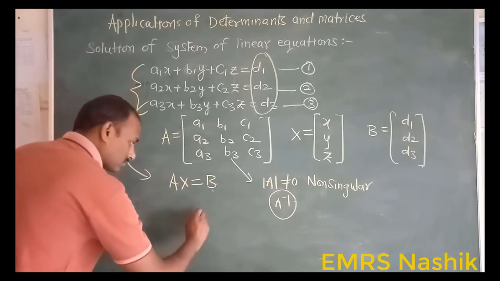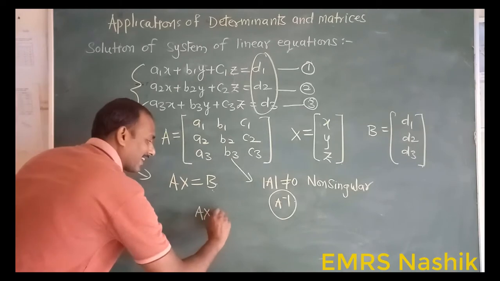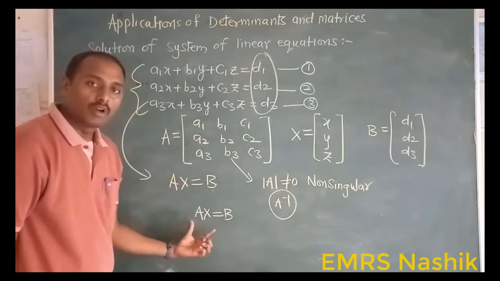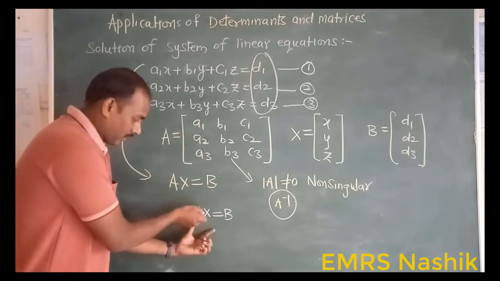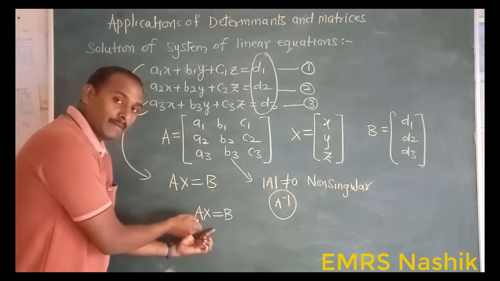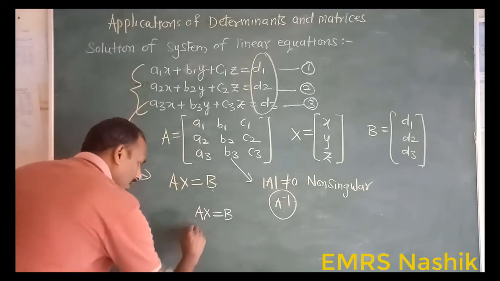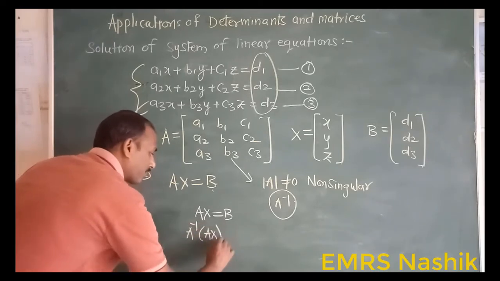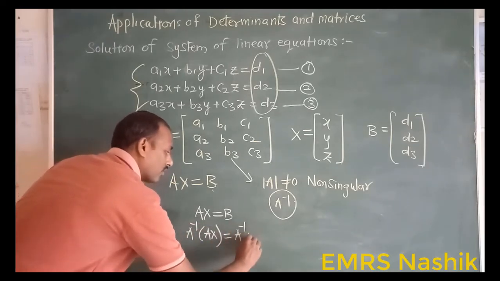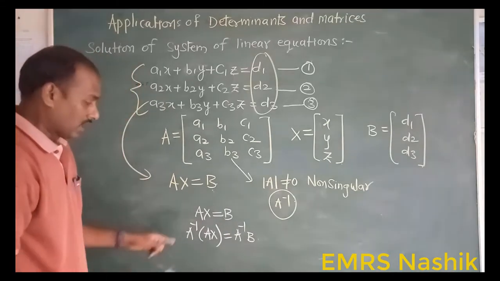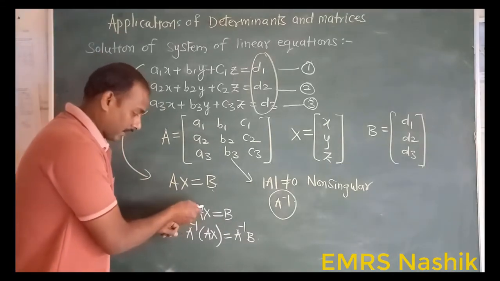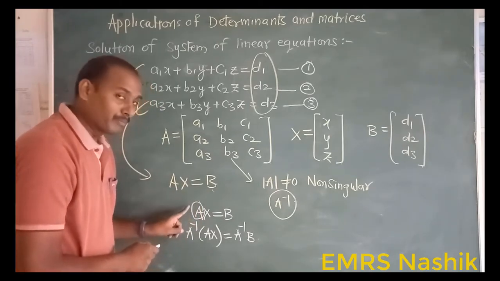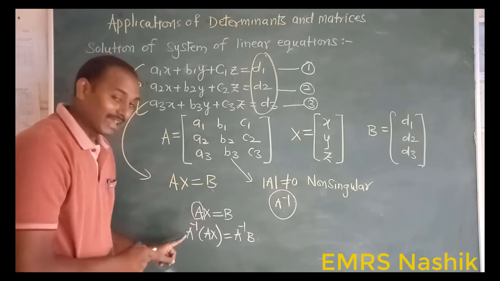We have the equation AX is equal to B, which we have written in matrix form. Here we will pre-multiply by A inverse, meaning on both sides we multiply by A inverse. Make sure that A is non-singular, that means the inverse exists.